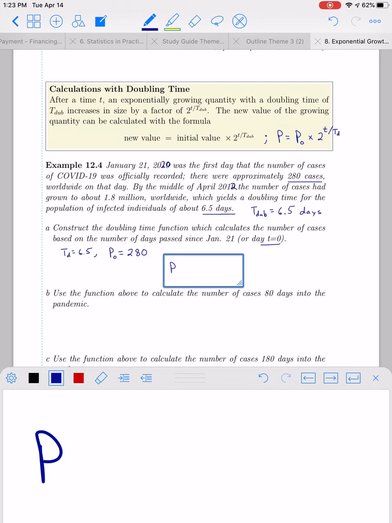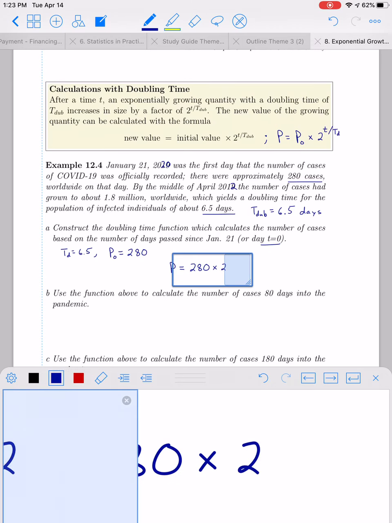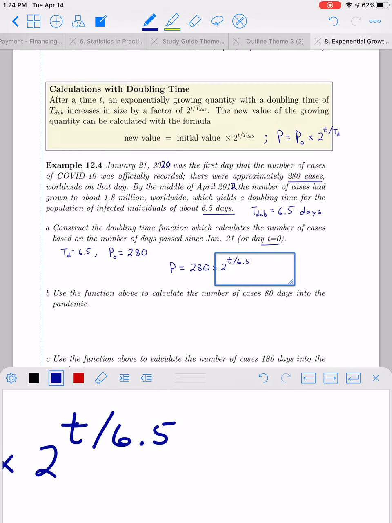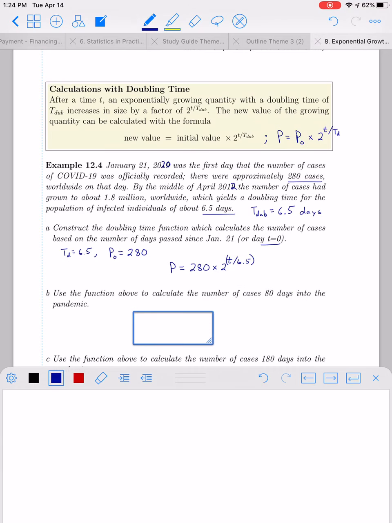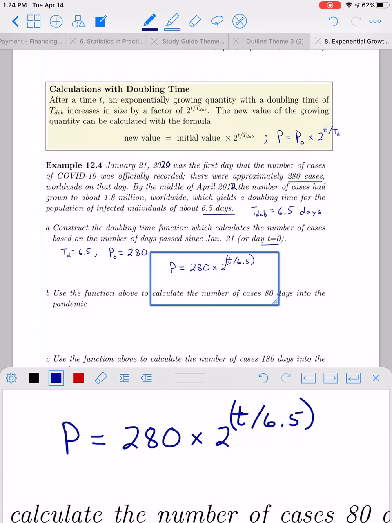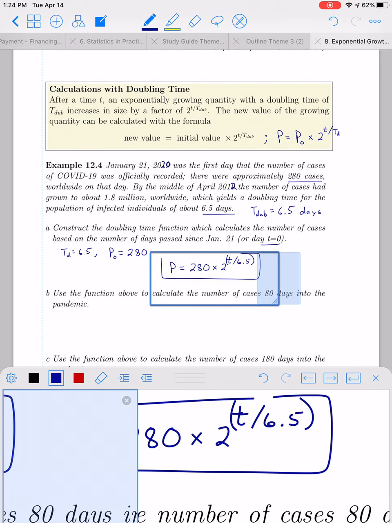So using our formula above, P, or our new value, is 280, P naught, times 2 to the t over our doubling time, and that's 6.5. Just to be careful, I'll put that in parentheses just to emphasize this. So this is it for this part of the question. This is that model.